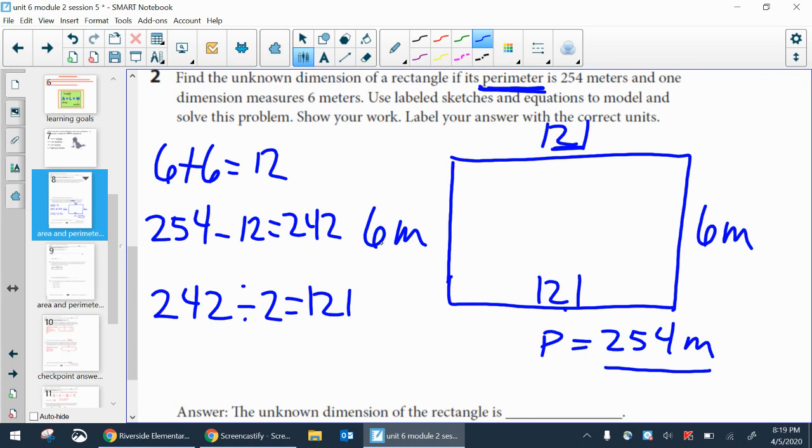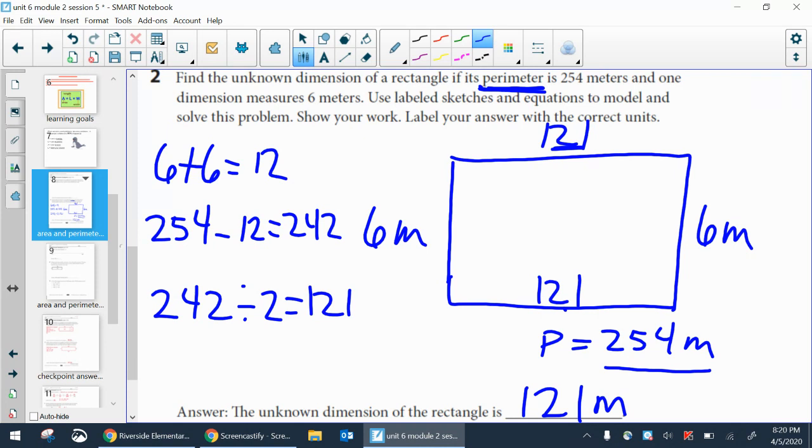So if I add 6 plus 121 plus 6 plus 121, that would give me my 254 meters in perimeter. So the unknown distance is 121 meters. Again, my seal of approval. I had my strategies, I had my equations, I had my answer, and I have my label.